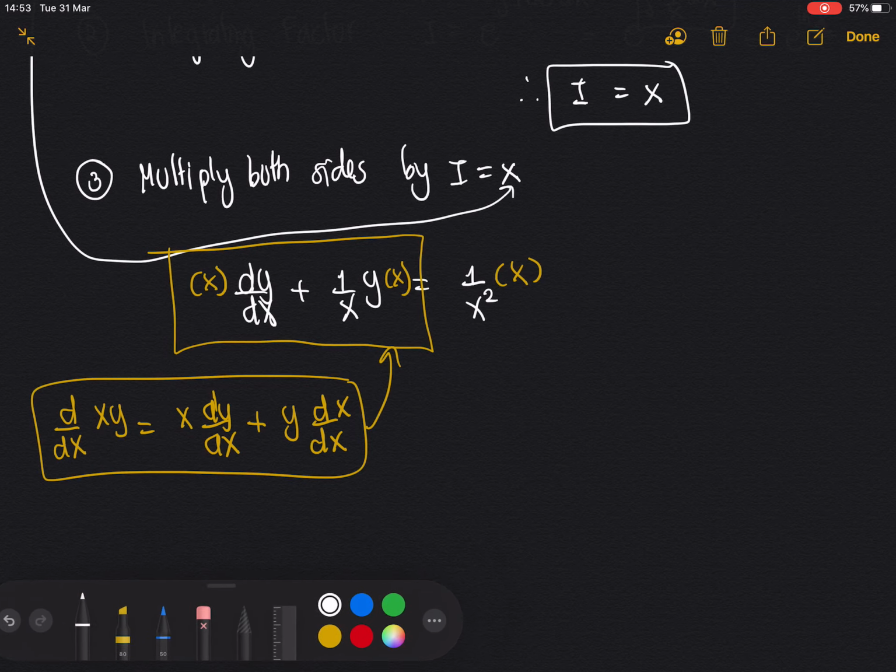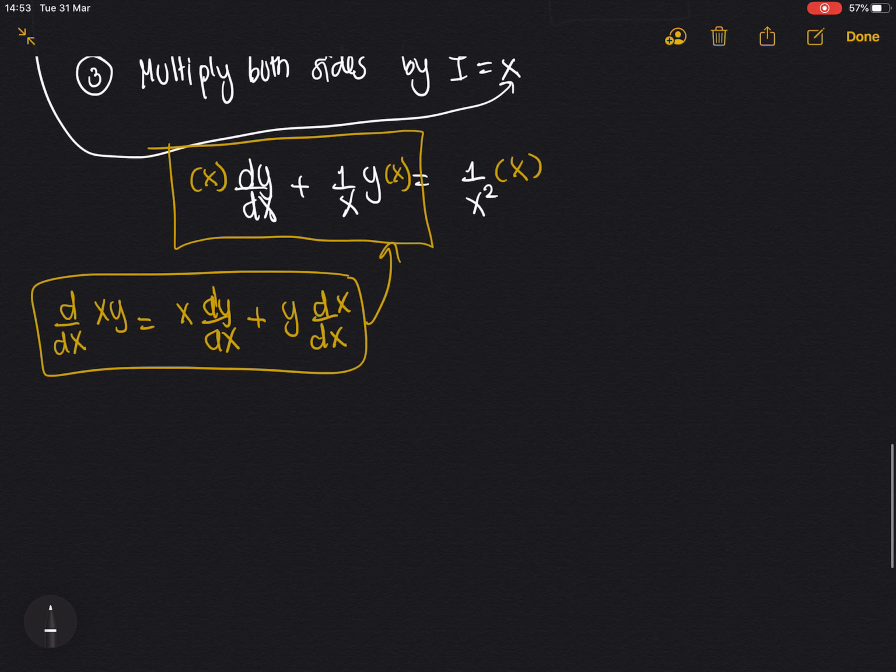Therefore, on the left hand side of the equation, we can summarize that the function inside this block here is basically equivalent to the differentiation of the product rule of x and y, right? And then the right hand side of the equation here, after you eliminate 1 x, you will be left with 1 divided by x.